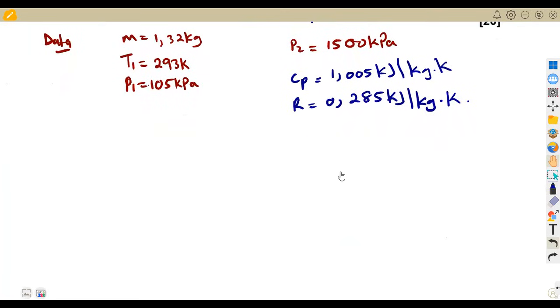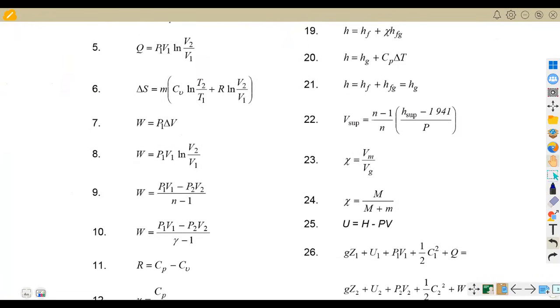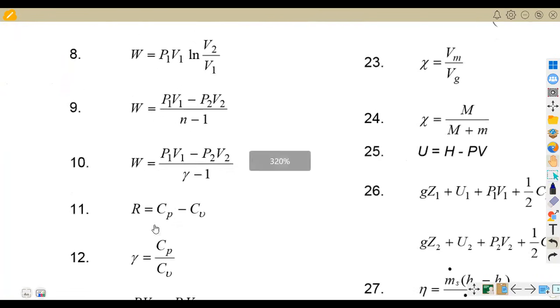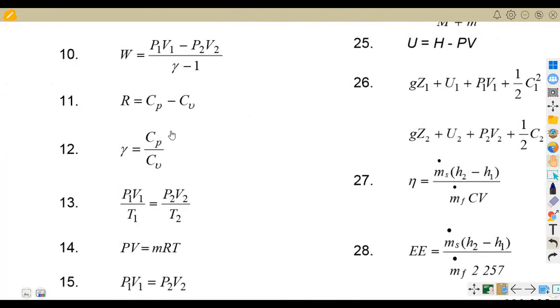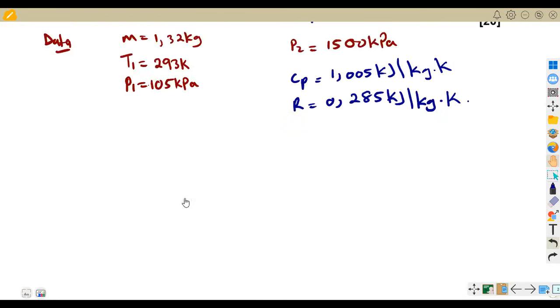All right, so if you check, there's a relationship between Cp and Cv, and also R and Cp and Cv. If you check on your formula sheet here, these two formulas that we have here, we've got R, which is equal to Cp minus Cv, and also we have the gamma, which is Cp over Cv. All right, so I'm going to take these formulas and try to make them work for us in this case.